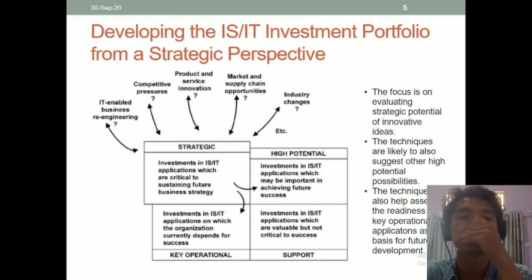Next slide, which is developing the ISIT investment portfolio from strategic perspective.